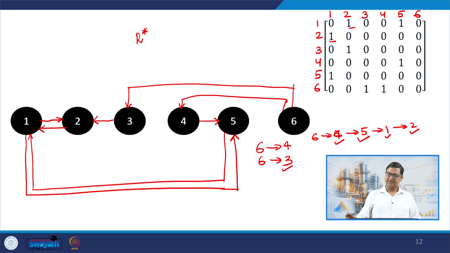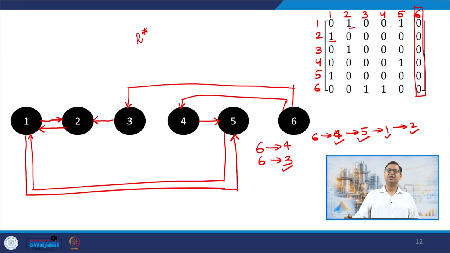The reason being that if you look at the matrix here, the column corresponding to 6 contains all zeros. So 6 does not have any ancestors, right? So for water to go to 6, the only possibility is that 6 gets water itself as the first inlet point. Otherwise, there is no way I can get to 6.